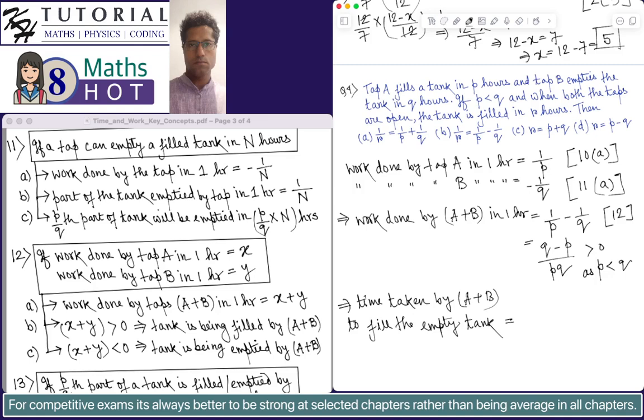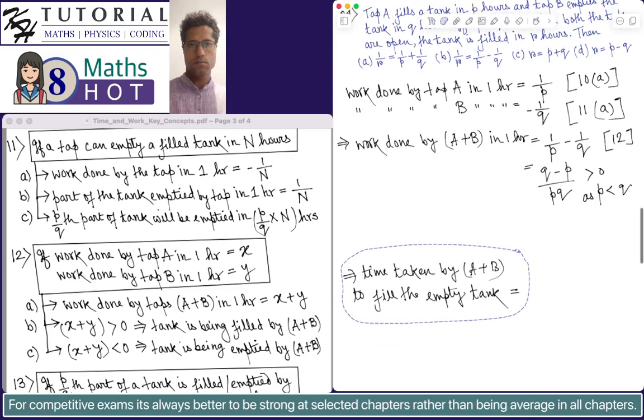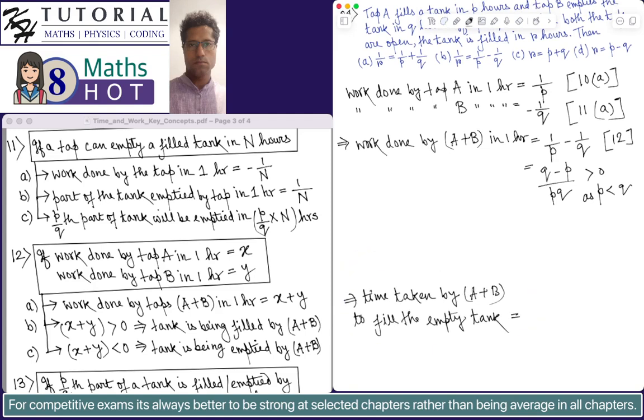It is better if we express the work done, Q minus P divided by PQ, in the form of 1 by N. So we can write it as 1 divided by PQ by Q minus P. Now we can say that the time taken by A plus B to fill the empty tank will be equal to PQ divided by Q minus P.